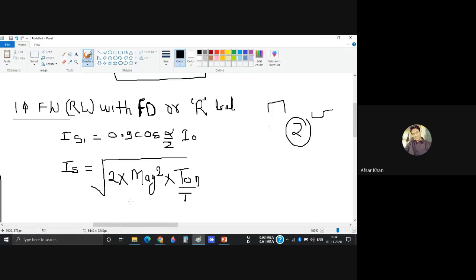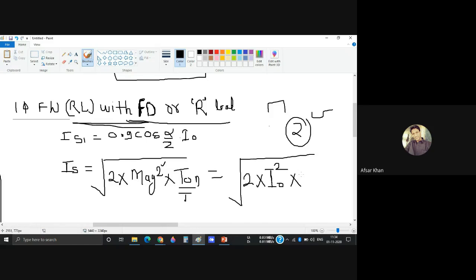Now you have to tell me the values. What do we have to put here? 2 into magnitude square is I naught square. Yes or no? Yes. This magnitude square will be I naught square into the on duration. With R load, or with the freewheeling diode, the RL load, is the on duration alpha to pi or alpha to pi plus alpha?